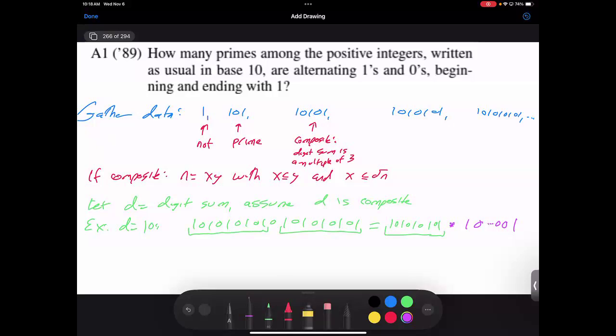And I don't know how many points they would give you for a partial solution like this, but this does reduce to: digit sum is prime, except for 3. It just says we have to check those cases.